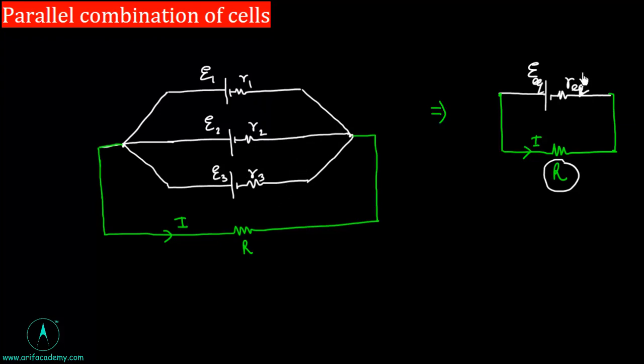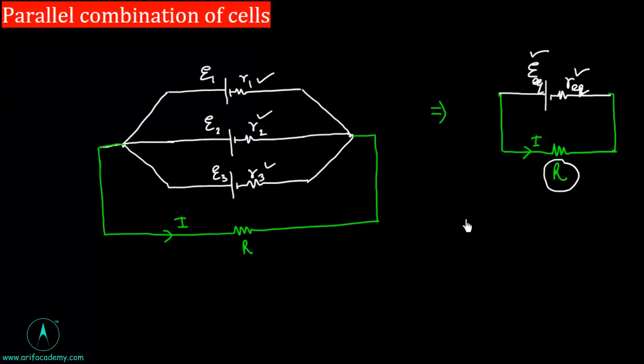First of all, I would like to tell you how to find E equivalent and R equivalent, then I will derive how to get this. Without proof, first I would like to write down the expressions. These three cells' internal resistances are treated as connected in parallel.